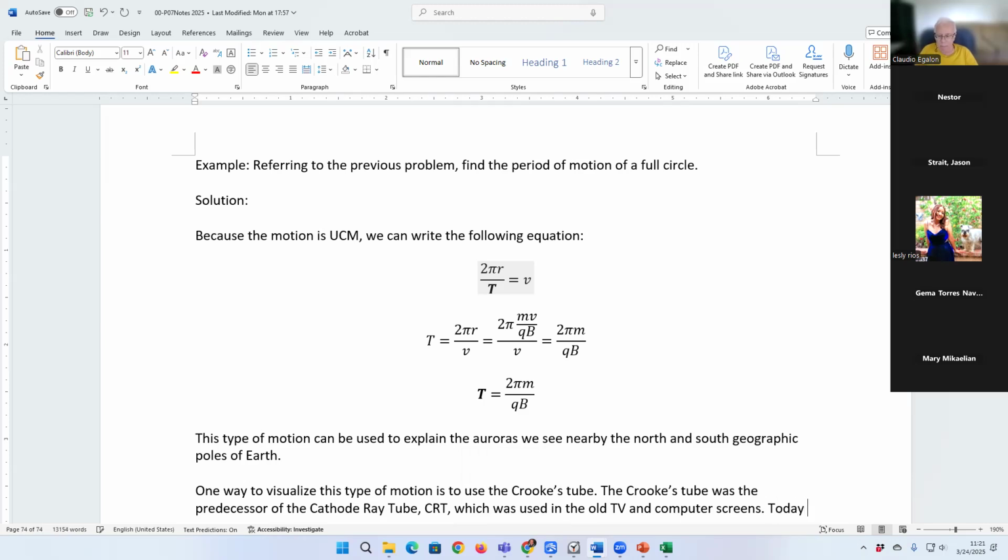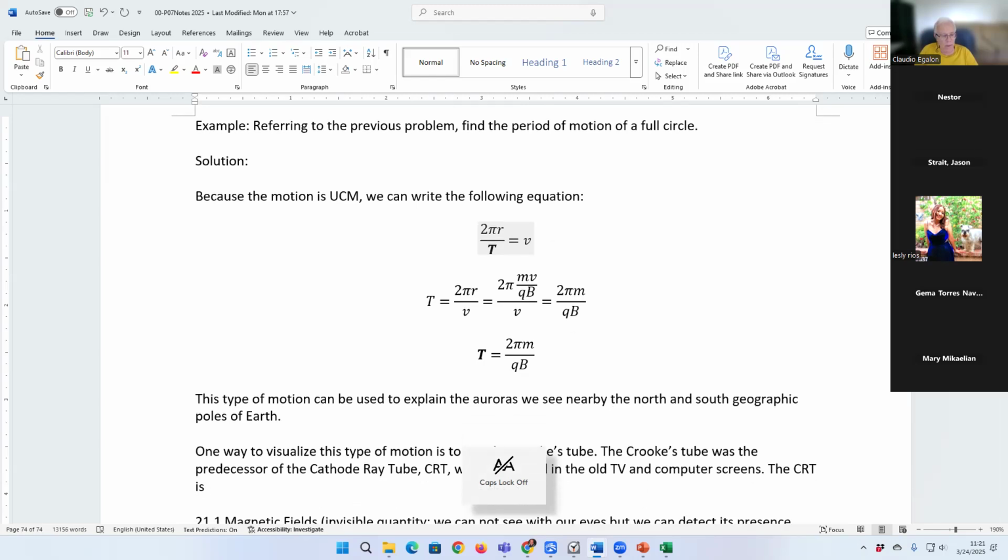Today, this is 100-year-old technology. The CRT is a 100 years old technology that was recently replaced by the LCD, LED, and OLED screens, okay?